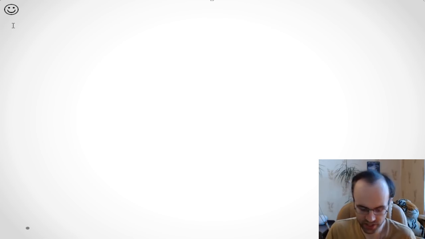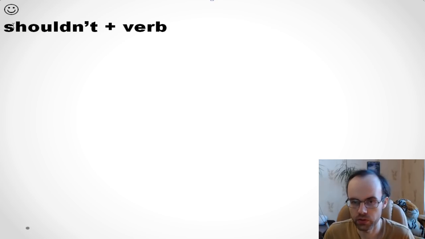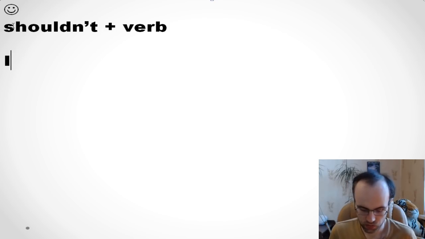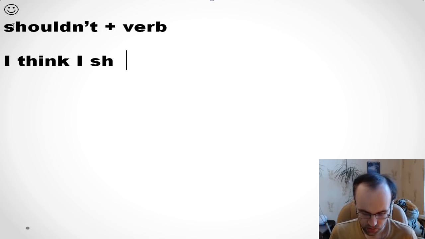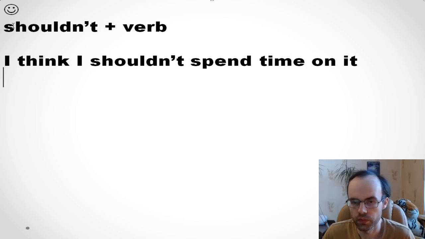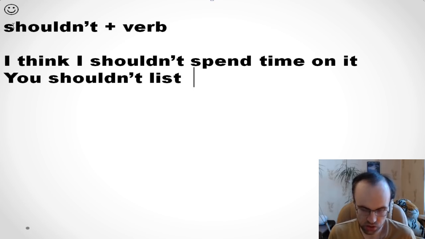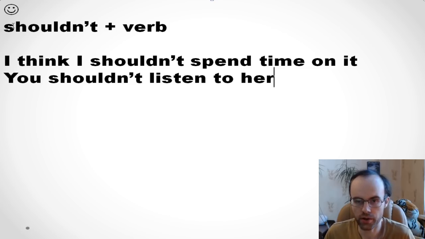So let's talk about a negative form. So shouldn't plus verb. So we also say I shouldn't, we shouldn't, and so on. For example, I think I shouldn't spend time on it. Or you shouldn't listen to her.